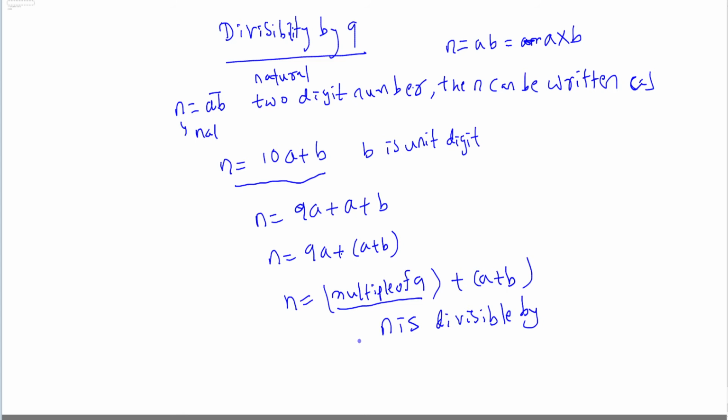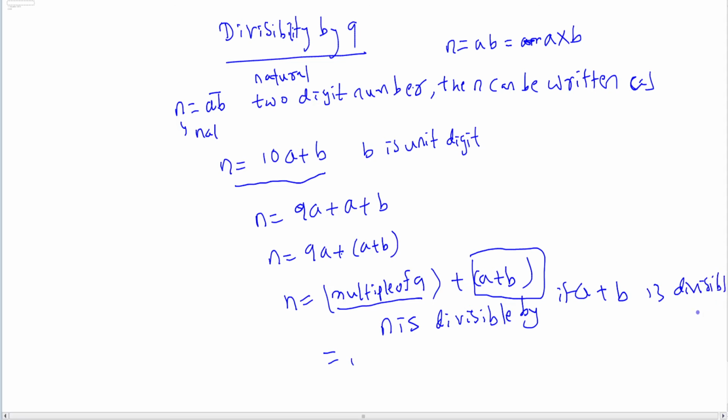Okay, no problem. Only thing, in order to take 9 as a common, this a plus b should be divisible by 9. If a plus b is divisible by 9, then we can take 9 as a common.